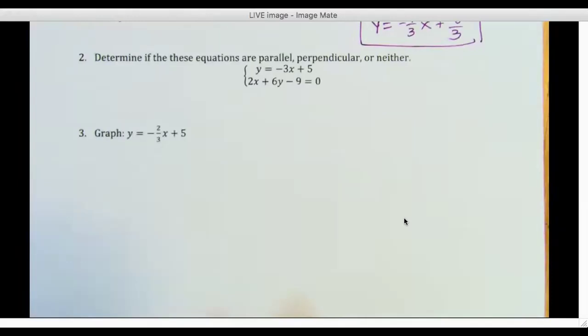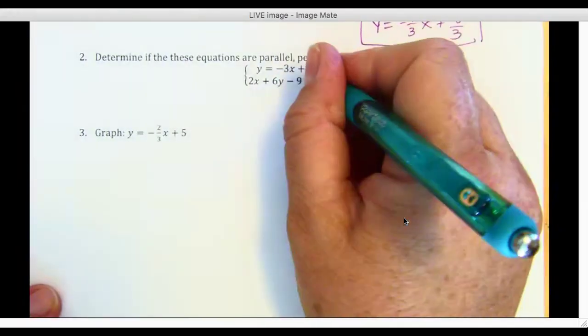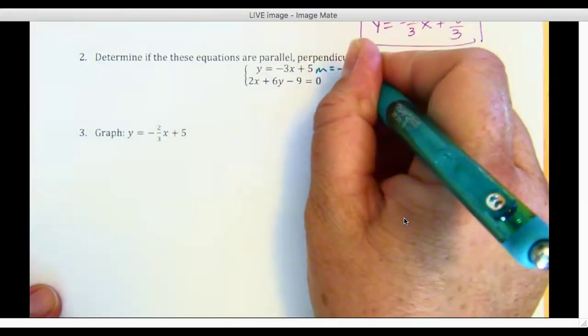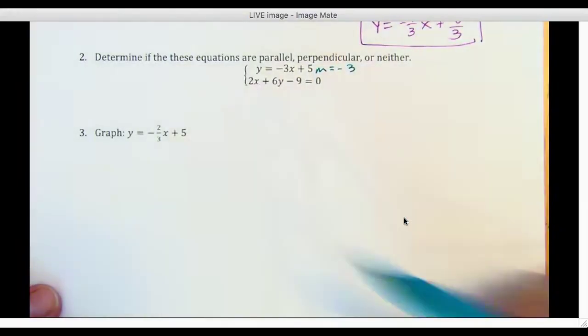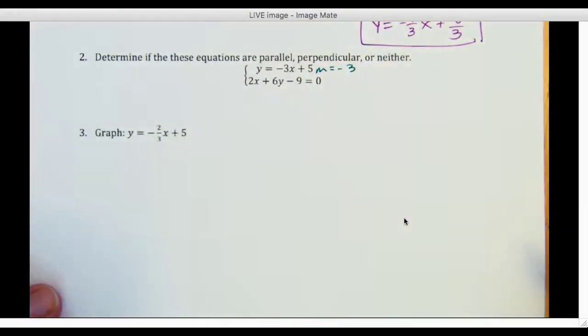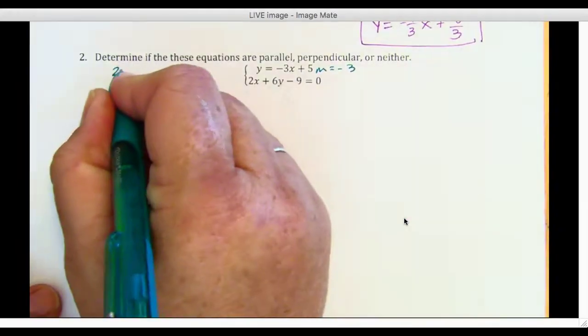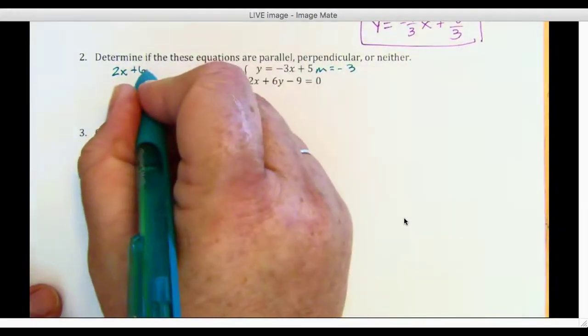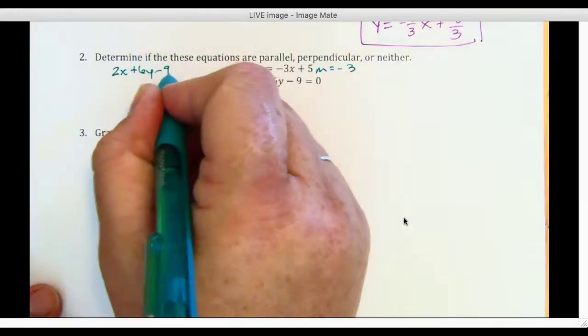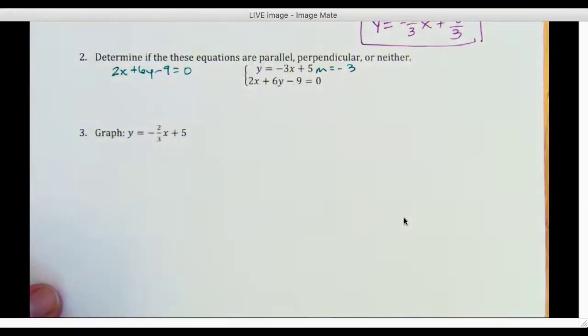In the next example, it says determine if these equations are parallel, perpendicular, or neither. So the way we can determine what they are is looking at the slope. So we can see the slope here is -3. In this form, I need to find out what my slope is. So I have 2x plus 6y minus 9 equals 0. I want to try and get y by itself.